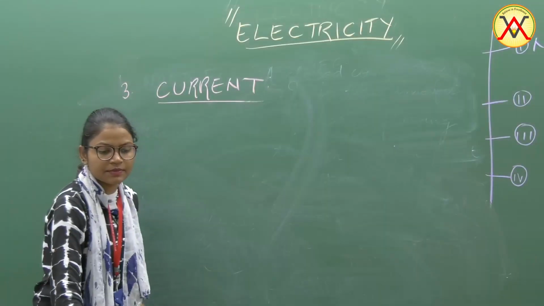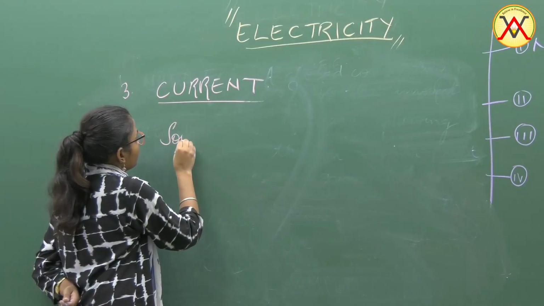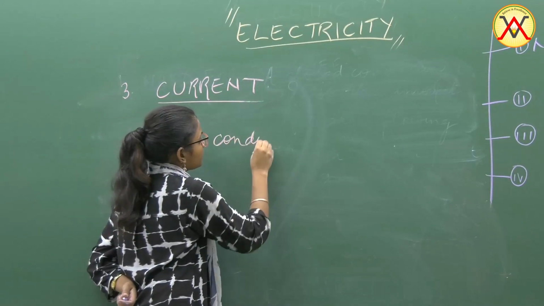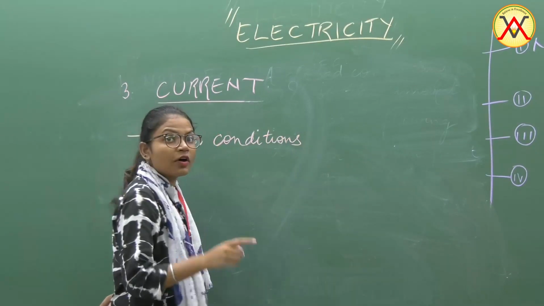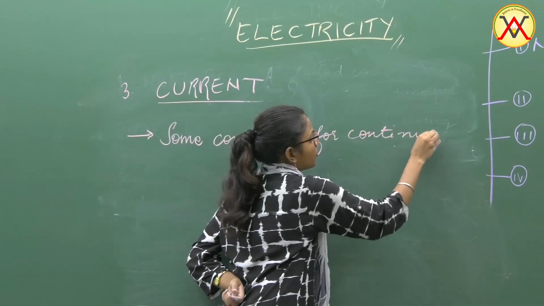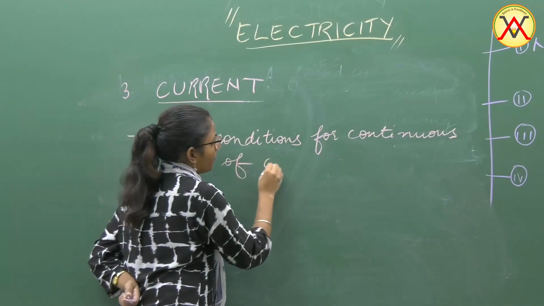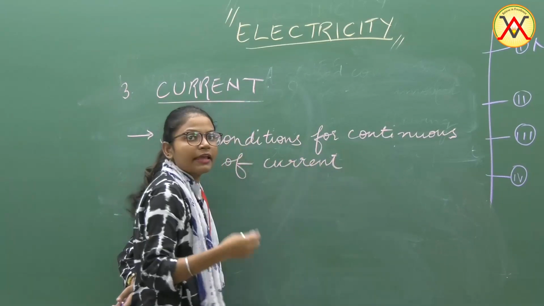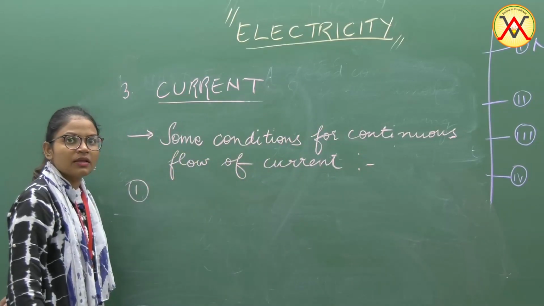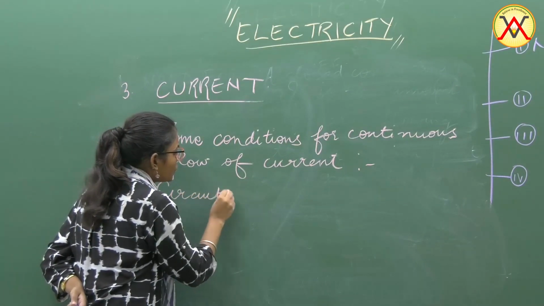Okay. At the same time, let us note down some conditions for continuous flow of current in any circuit, first condition would be circuit must be complete or circuit should be a closed loop.